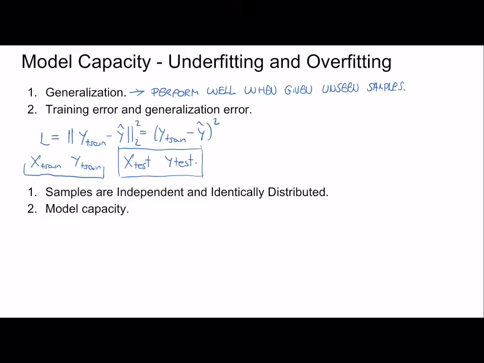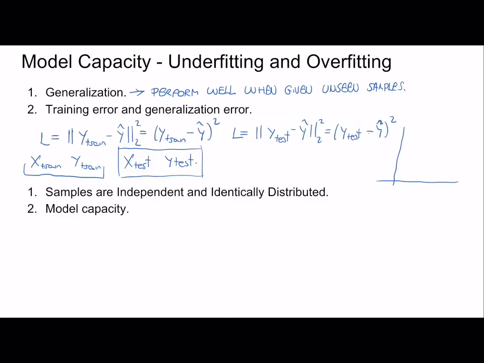Essentially what we're trying to optimize is not this function, but this function, y test minus y hat squared, and we do that implicitly by optimizing y hat.